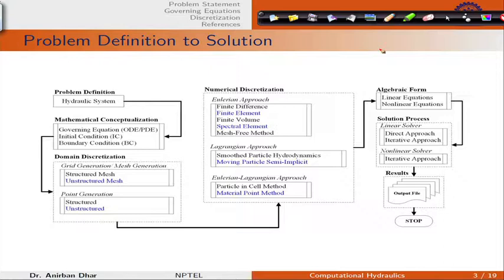So, we will have continuity and momentum equation for our problem, and we can discretize it using finite volume approach or Godunov scheme, and the resulting thing we can solve using one predictor corrector approach.